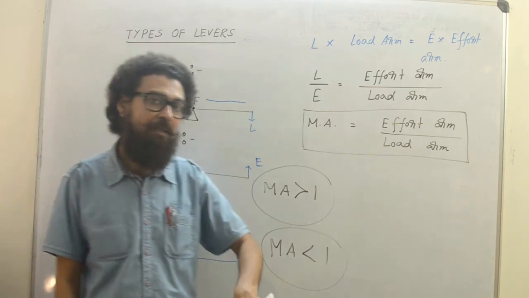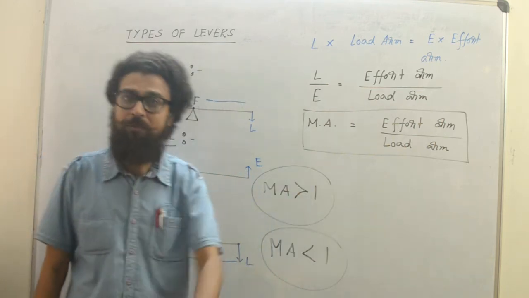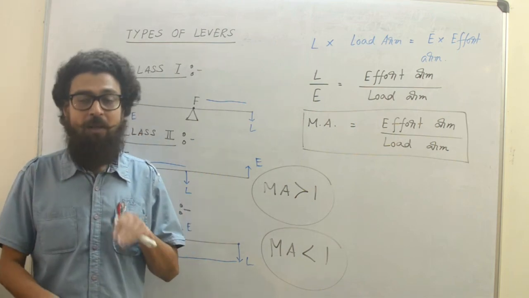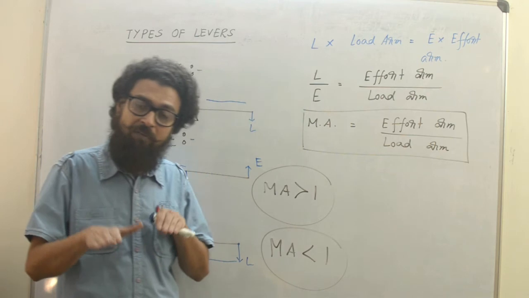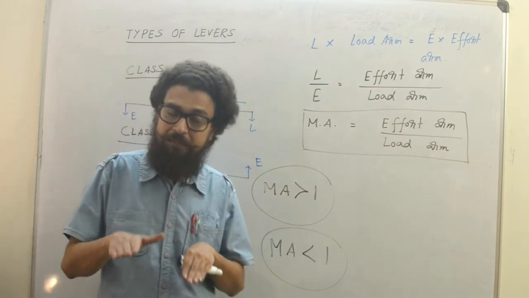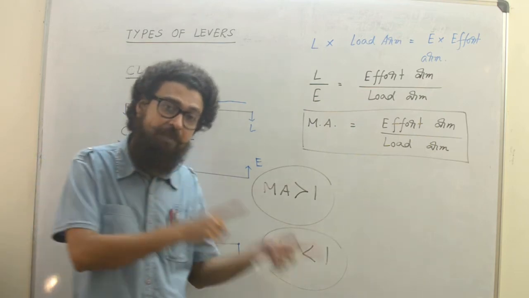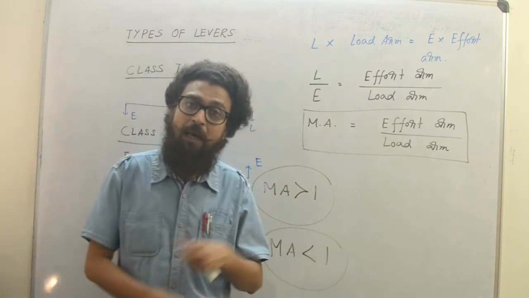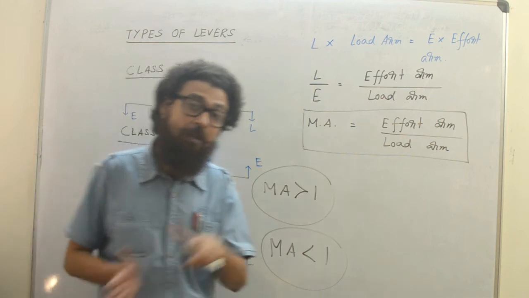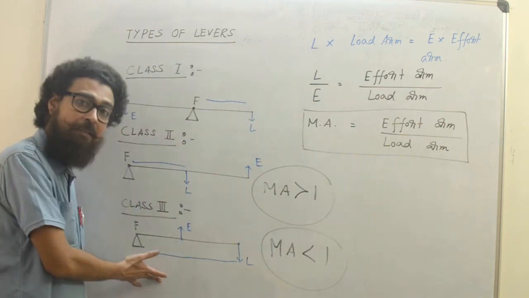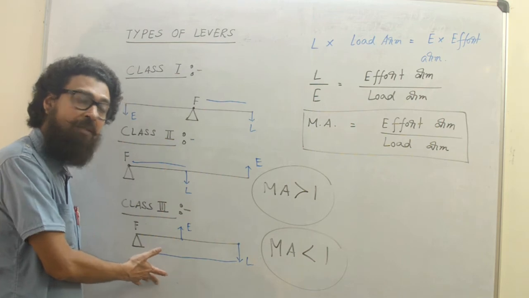It is having a mechanical advantage less than 1, but it is used. Why it is used? Because of the pedal system, whatever rotation of our legs or our feet, as compared to the amount of displacement of the total load, which is much higher, because you can see the load arm is greater. So we can cover a large distance.